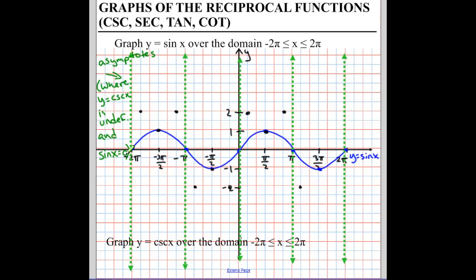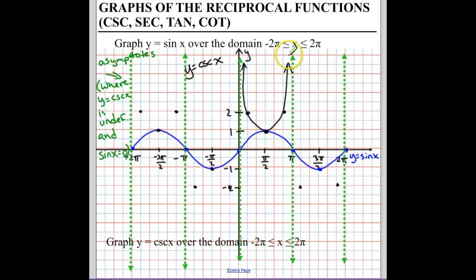Okay, now we're ready to connect these dots. The cosecant graph looks like a bunch of u's and upside down u's. The reason for that is as sine gets closer and closer to 0, we're dividing a much bigger number by a much smaller number in the cosecant graph. We're getting closer and closer to infinity.